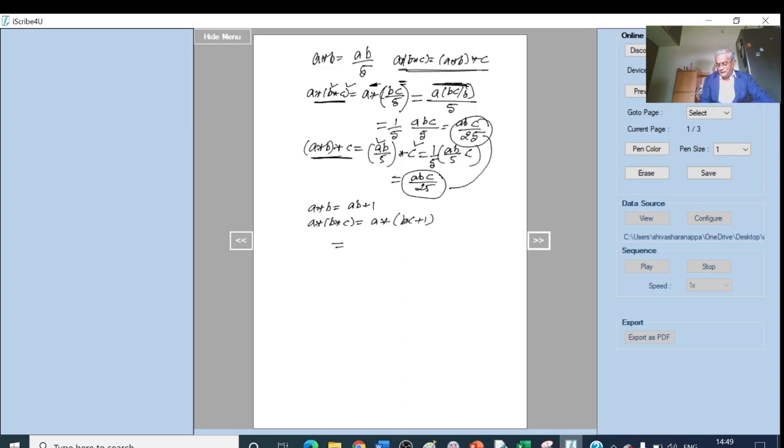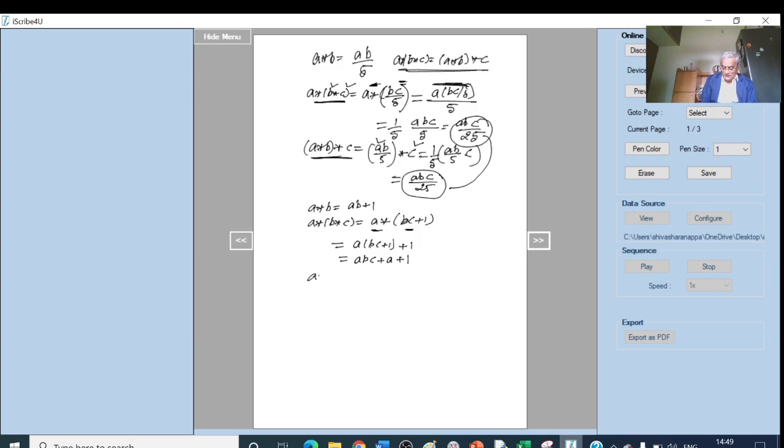Again, this is in the form of A star B, and A star B is given by A into B plus 1, that is A into BC plus 1, plus 1. This is equal to ABC plus A plus 1. This is our A star of B star C.